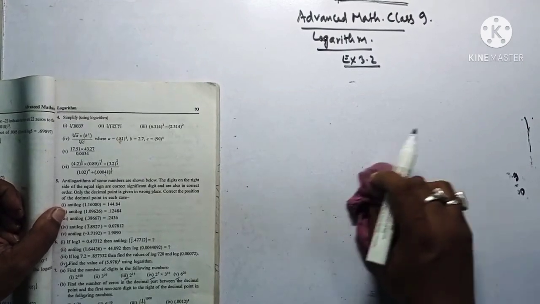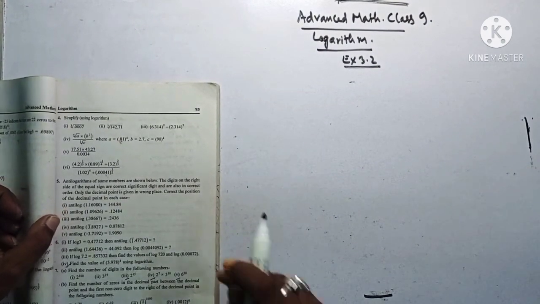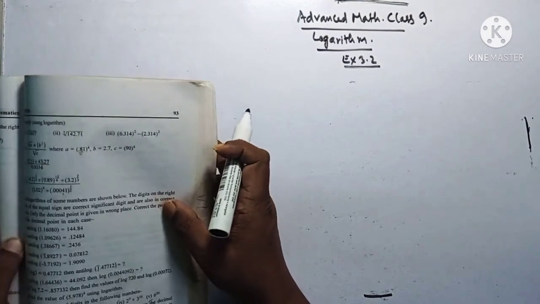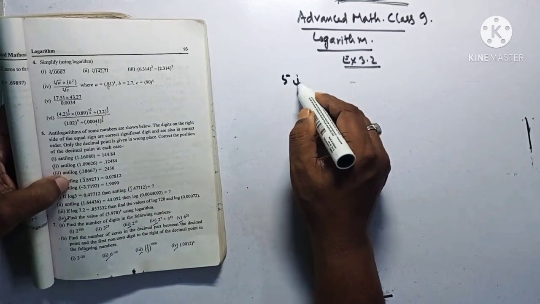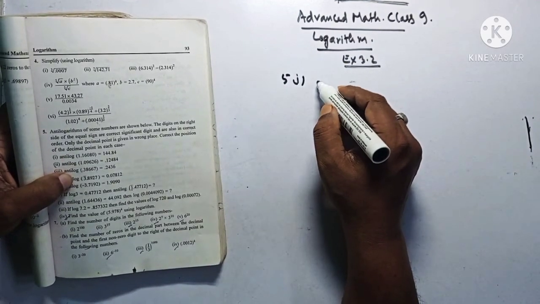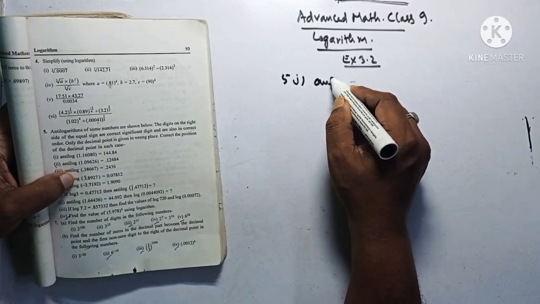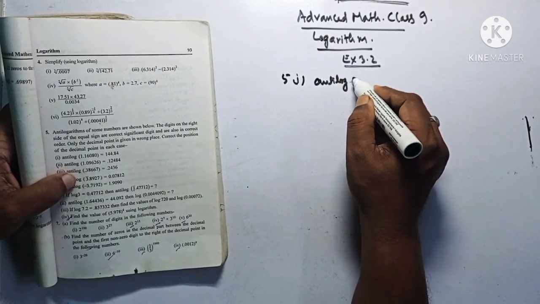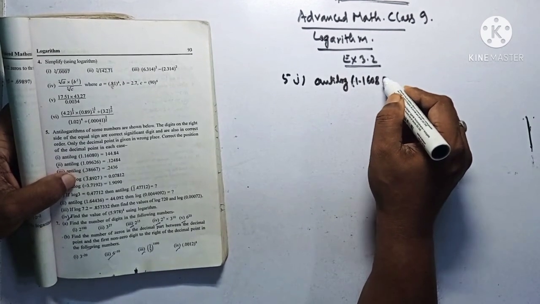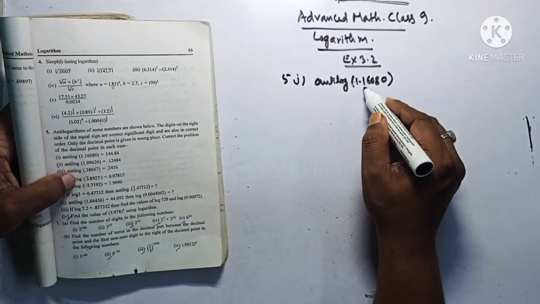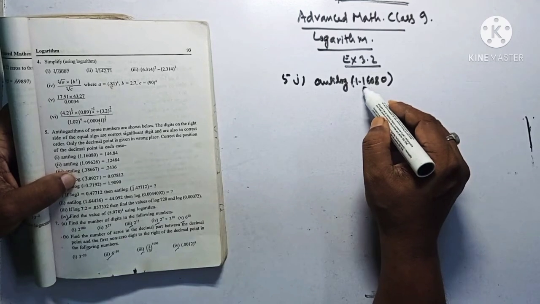Now I am going to question number 5. You have to correct the decimal places. First you have to correct the decimal places. Here you see anti-log 1.16080. The anti-log of this we have to always see in the anti-log table after the decimal places.